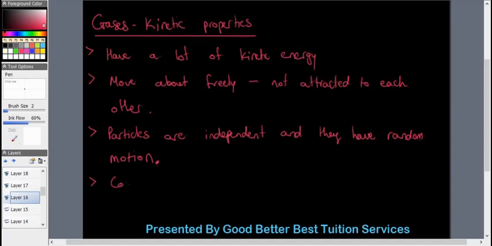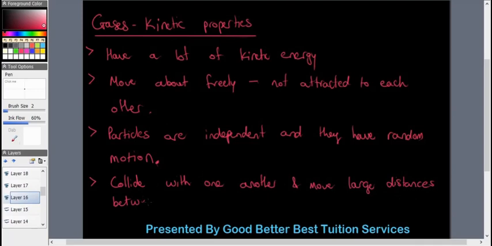Okay, so the particles collide with one another and move large distances between collisions. What we see in the previous illustration of the liquid is that when the particles collided with each other, they didn't move very far.